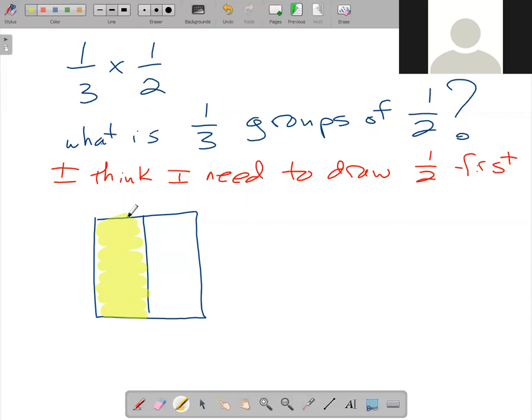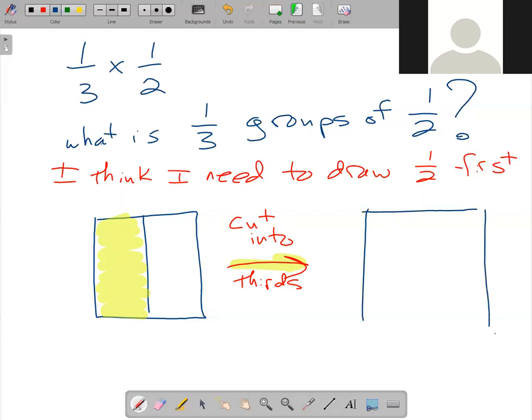Cut it into thirds now, right? Let's cut into thirds. And I'm going to do the way I did it before. I'm going to cut the other way because it feels good. So I'm going to take that piece I just had. It was halved, and now I'm going to third it.